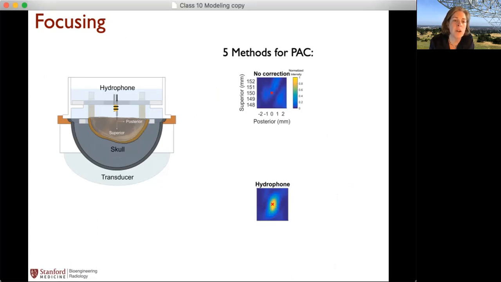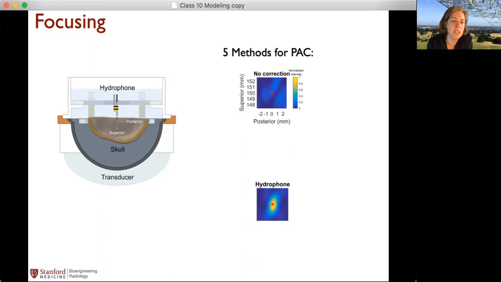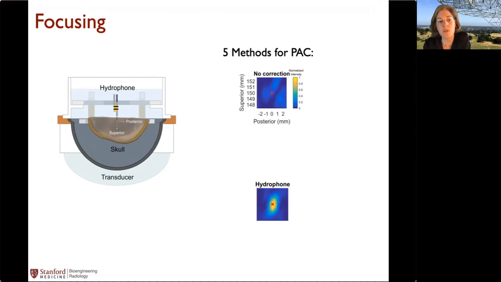When he turned one element on and measured with the hydrophone, he was able to measure the phase of that pulse that hit the hydrophone. Then for the next element, he did the same thing: he turned it on and measured the phase. He could use each of those phases as measured by the hydrophone to correct for the skull phase aberration. And that's the best you can get in terms of the correction. That is our gold standard for correction, hydrophone correction. Of course, this only works with an ex vivo skull.